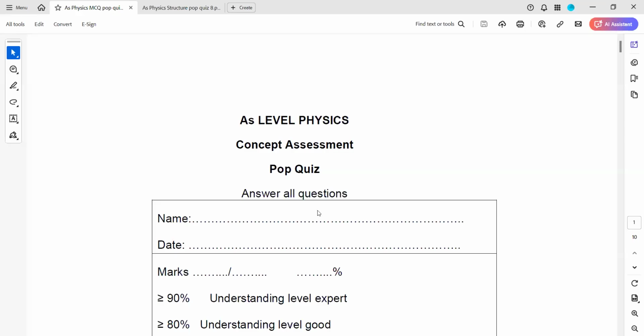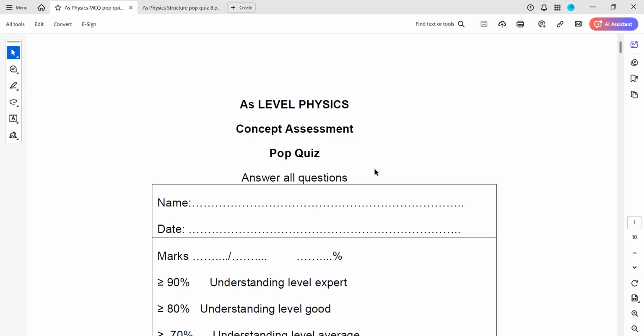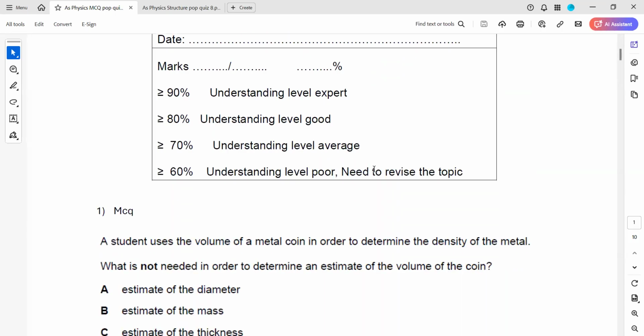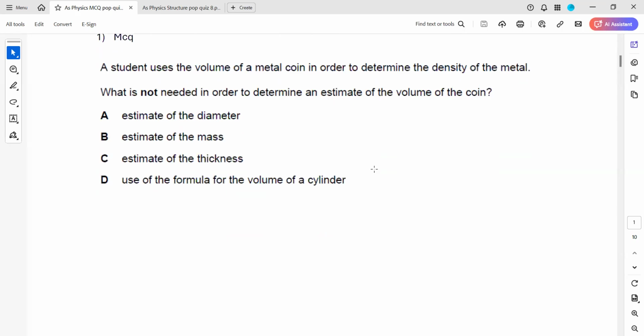So this is a weekly pop quiz, MCQs pop quiz 8. If you have any doubt, you can ask. Question 1, any doubt?